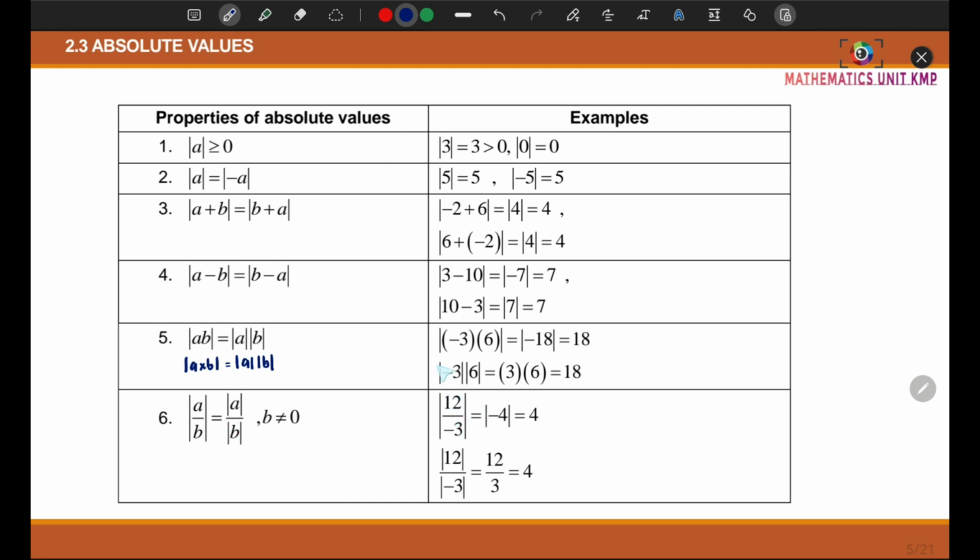Here, if you have absolute value of 12 divided by -3, we simplify and get absolute value of -4, which is equal to 4. And it is the same as absolute value of 12 divided by absolute value of -3, and you will get 4 as well.